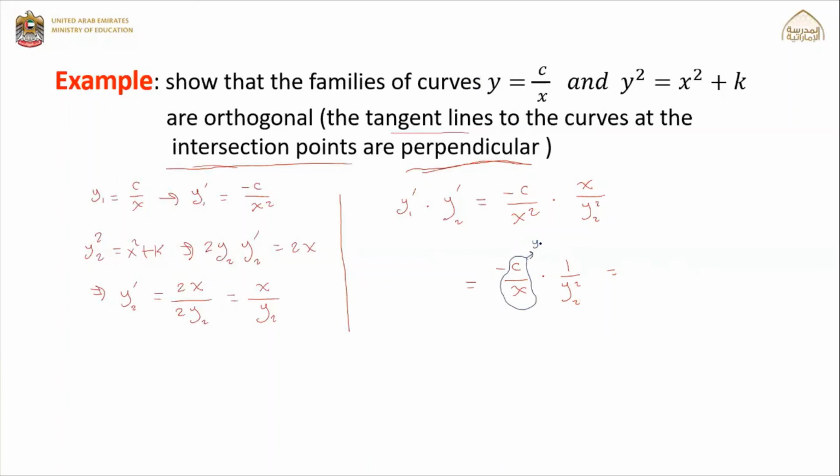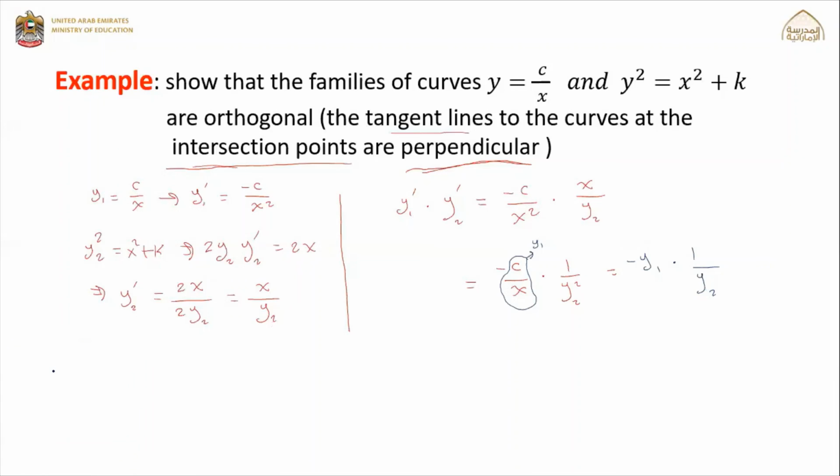So this is y1. So here I have negative y1 times 1 over y2. I have a mistake here, so I will erase it. Here I don't have a square. I'm very sorry about that. Because if I look here, y2 prime is x over y2, just y2.